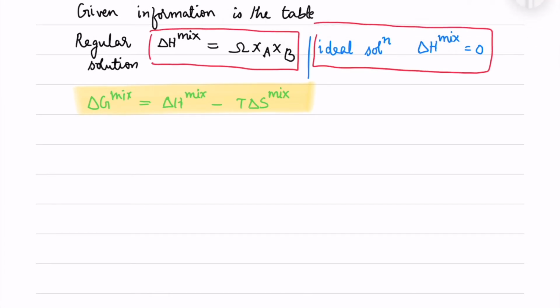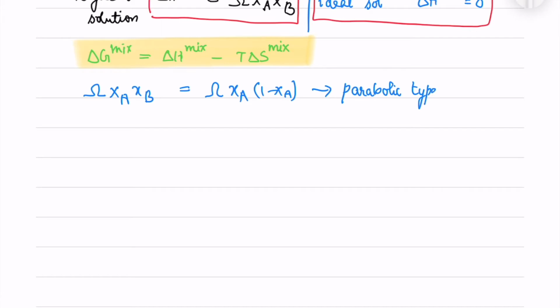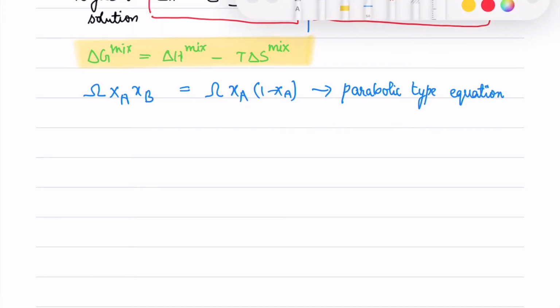So we need to find the delta H mix. So let's assume it's a regular solution, and it is a parabolic type equation.